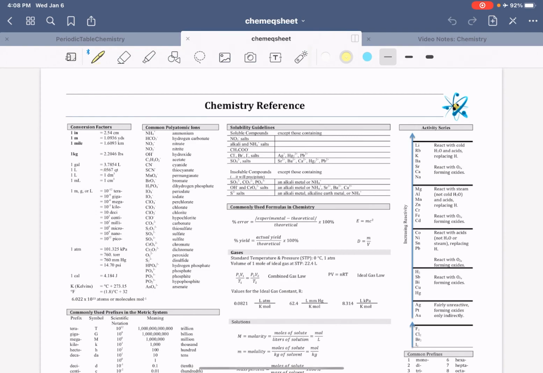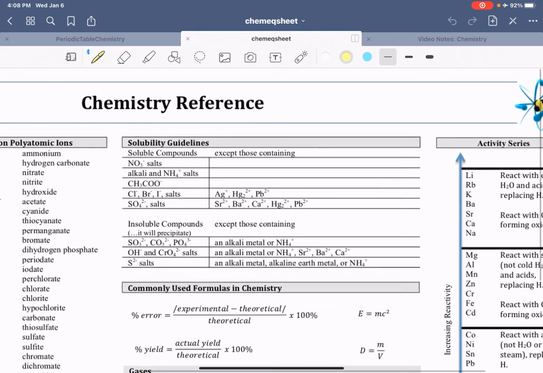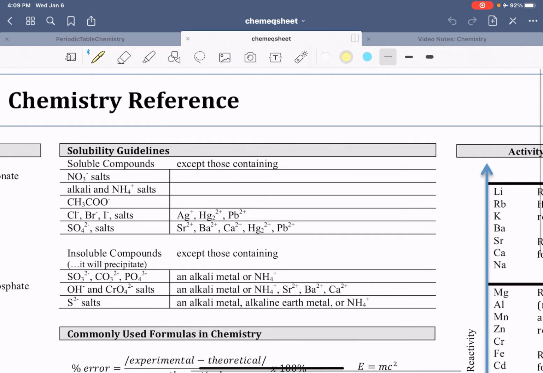Well, we can go back to our solubility rules that we have right here. We want to know the solubility of chloride. So chlorides are soluble, except when they have silver, mercury 2, and lead 2.